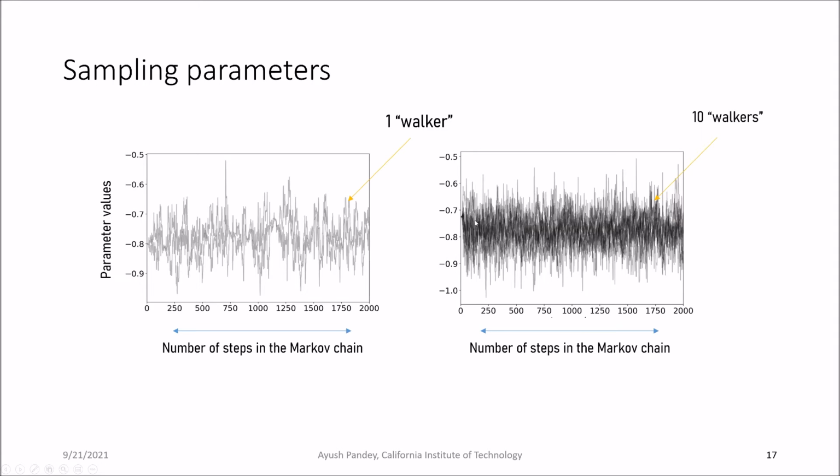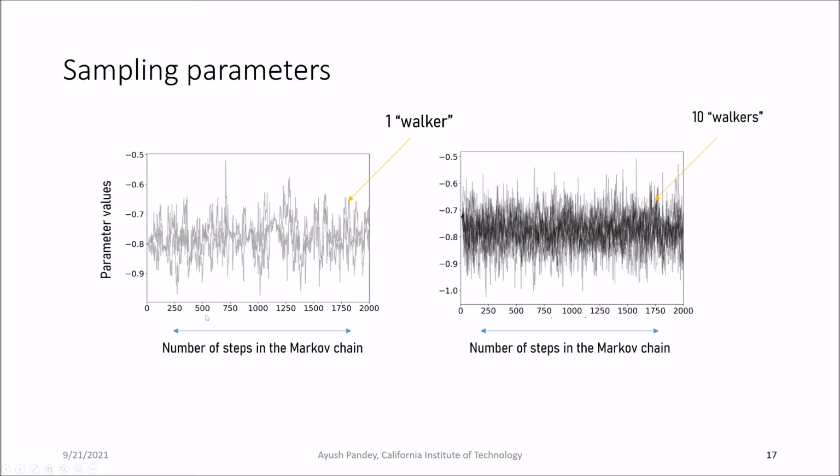So for example, on the right-hand side figure, it starts from somewhere, let's say, -0.72, and then let's say most of the samples at the end after 2,000 steps are around -0.8. So then our posterior probability distribution is something more around -0.8. So that's how the Emcee algorithm gives us the parameter distributions given the experimental data, because it's minimizing the cost between the experimental data and the simulations.